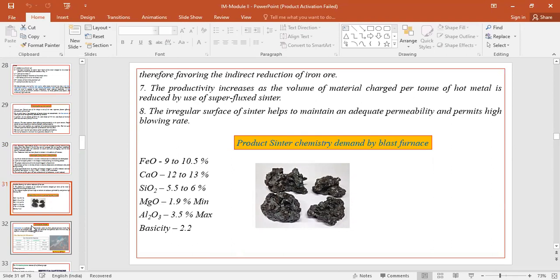And you can see the sinter chemistry: FeO 9 to 10%, CaO 12 to 13%, SiO2 5.5 to 6%, MgO 1.9 maximum, Al2O3 3.5 maximum, and the rest. So this is how the sinter looks, and this is the rough chemistry of the sinter.